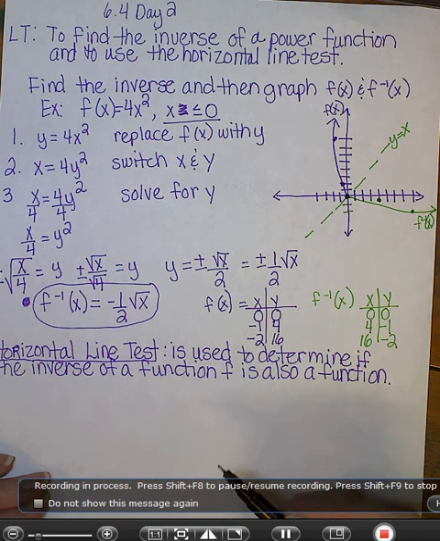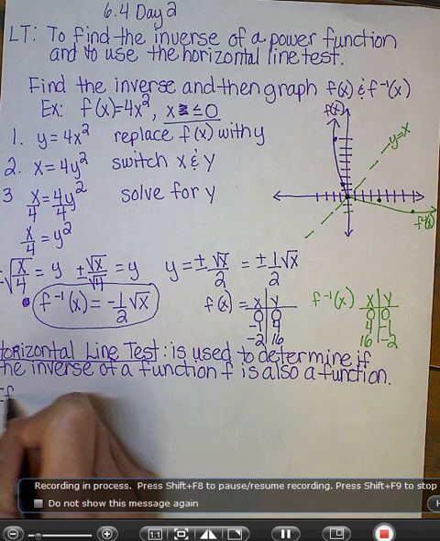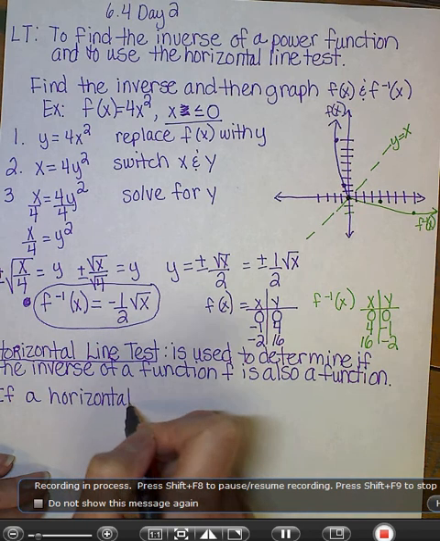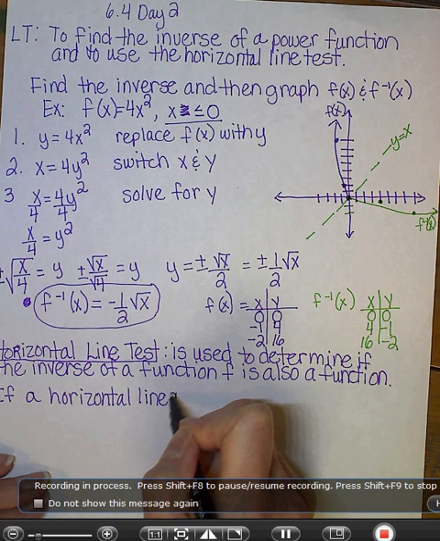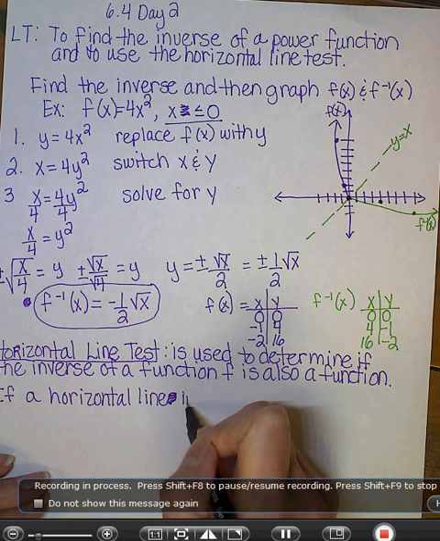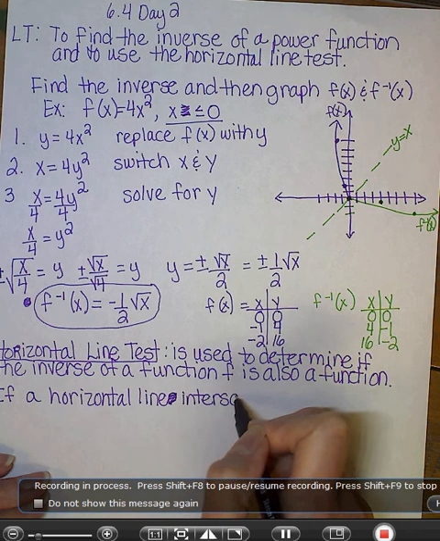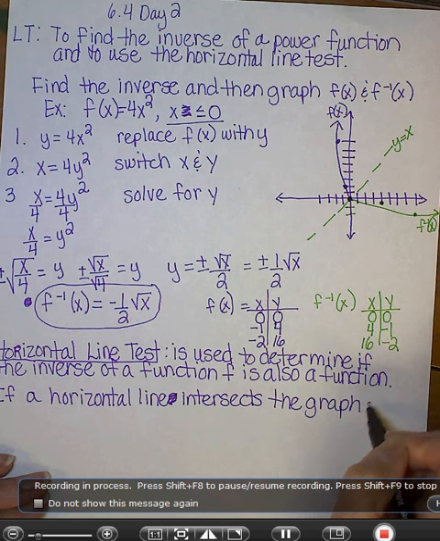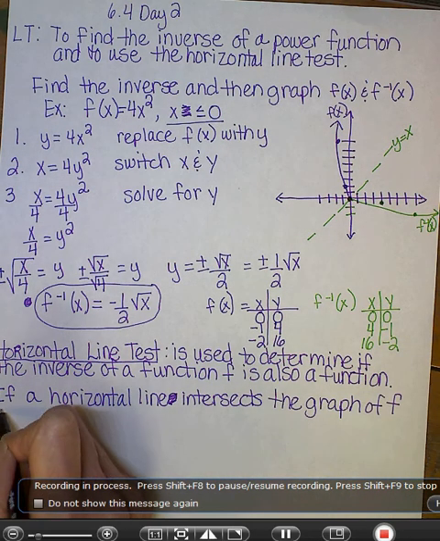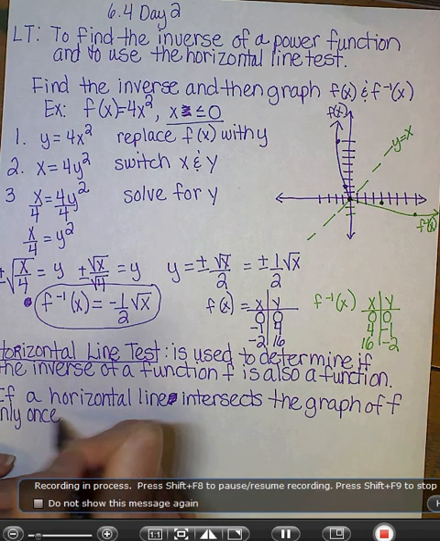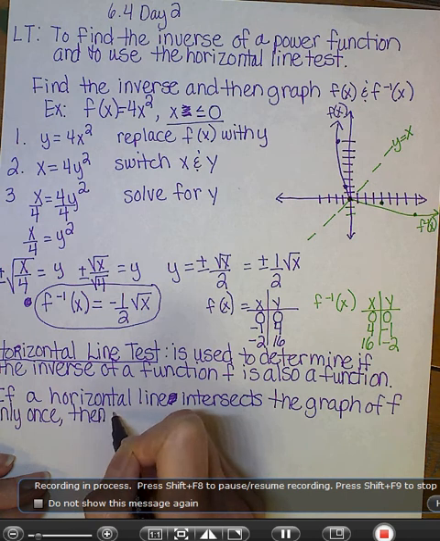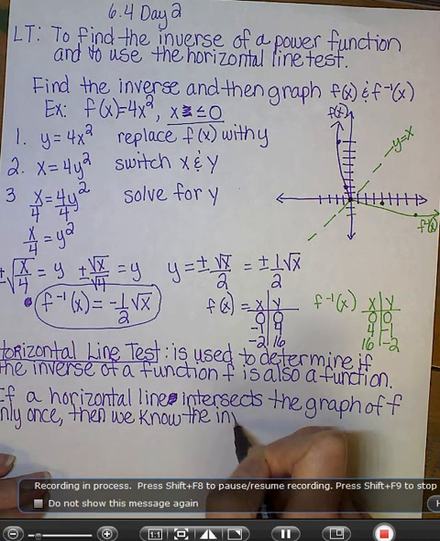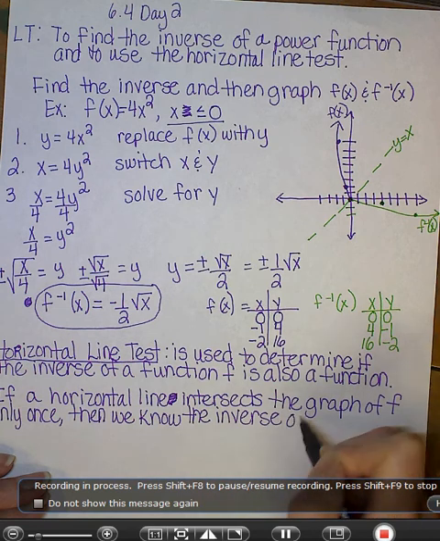Alright, now, if you're going to use the horizontal line test, so you would have, if a horizontal line intersects the graph of f only once, then we know the inverse is also a function.